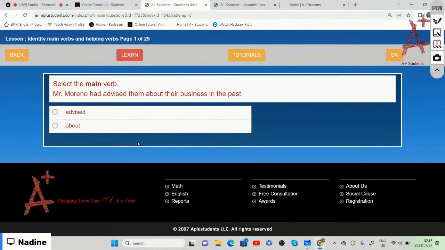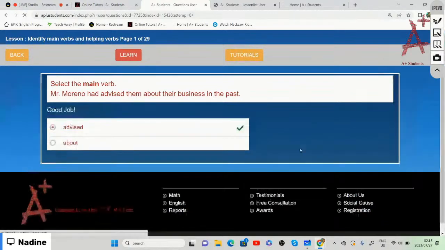We need to select the main verb within the sentence. So if we select the main verb between advised and about, then we would go with advised.